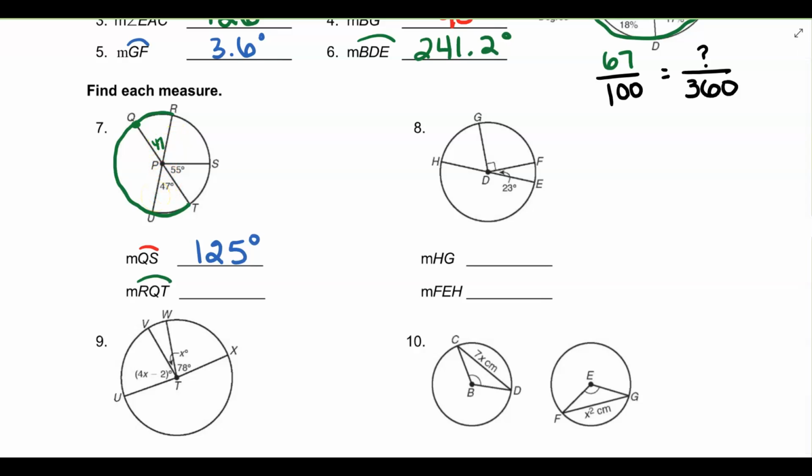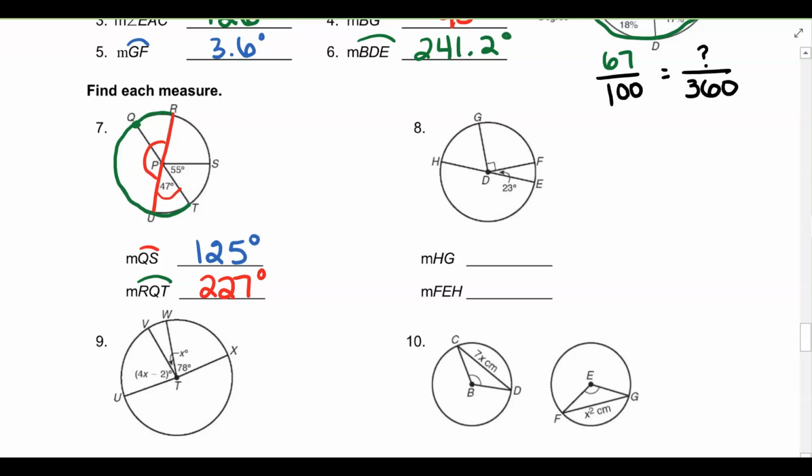Now I can also acknowledge I have another diameter over here, so these two should add up to 180 together. I could actually even notice that this diameter tells me from here to here is 180, and then I just need to combine another 47. So 180 plus that extra 47 gives me a total arc measure of 227 degrees.